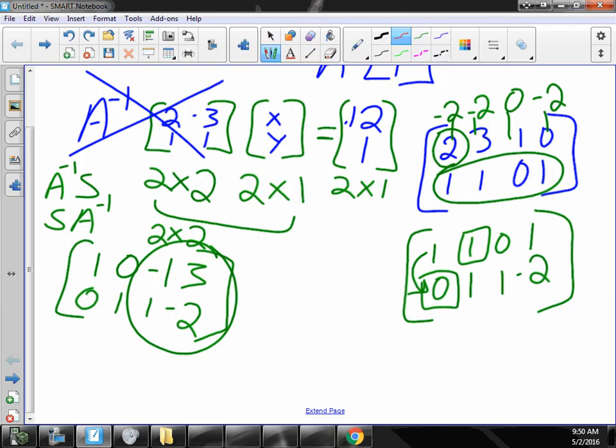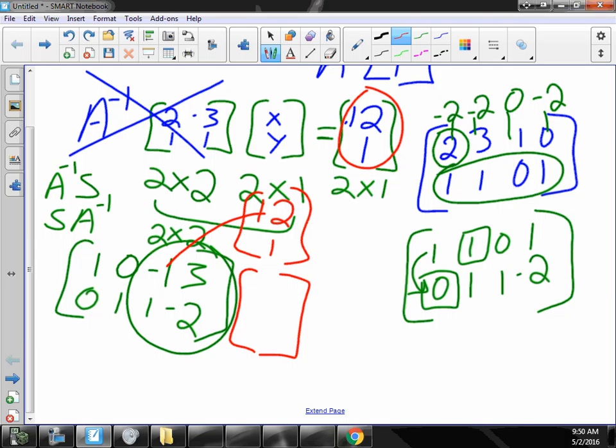So I'm going to take this, 12, 1, and that will create a matrix that is a 2 by 1. So that's -12 plus 3, or sorry, -12 plus 3 is -9, and then 12 minus 2 is 10.